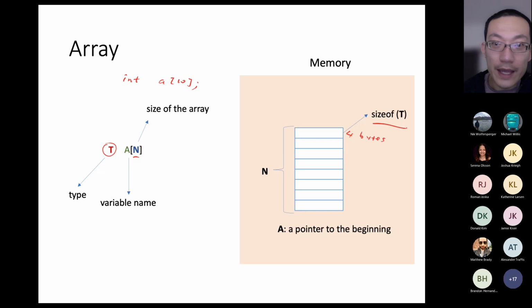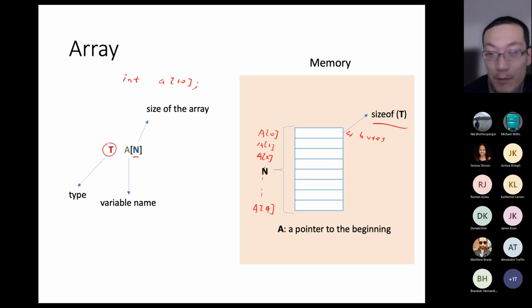We usually name these A0, A1, A2, and so on. In our example, we should have 10 elements. We should end up with A9. In the memory layout, we should also have 10 slots, and each one is one element, occupying 4 bytes.